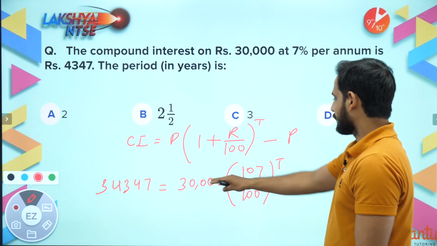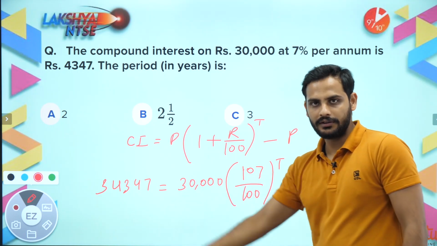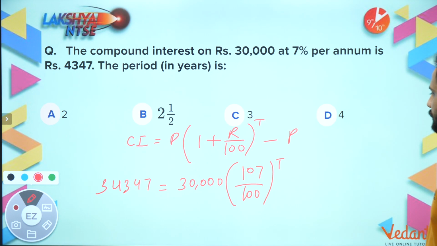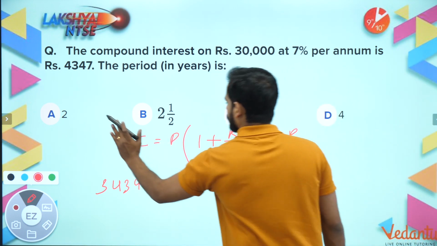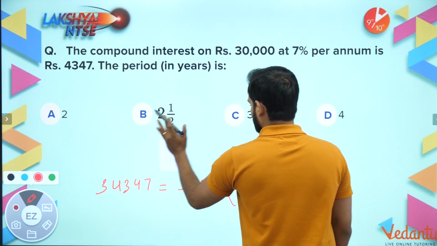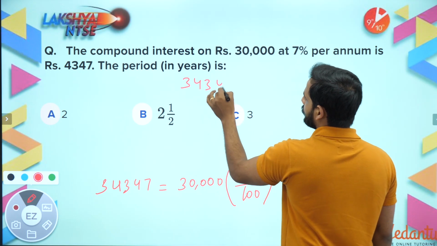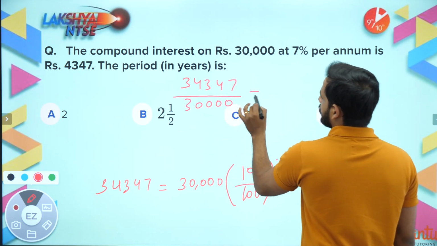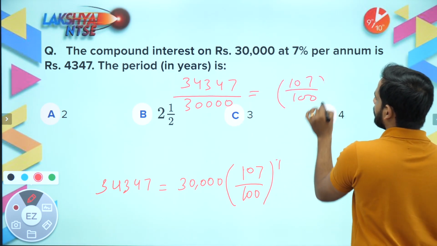Now this 30,000 should go there in division. So you will be getting 34,347 upon 30,000 is equal to 107 upon 100 raised to the power time.